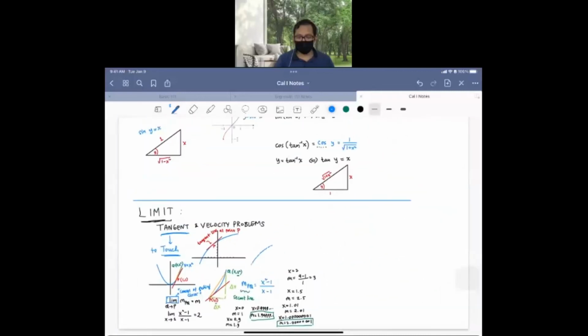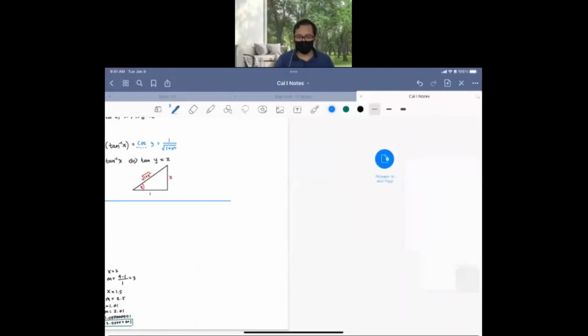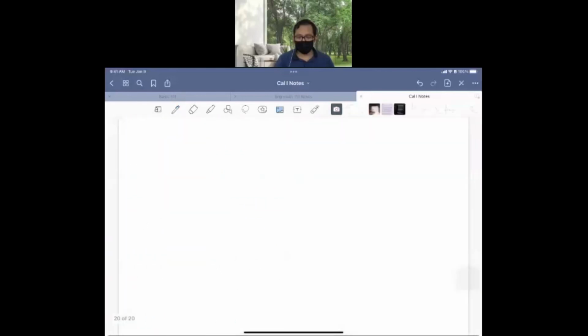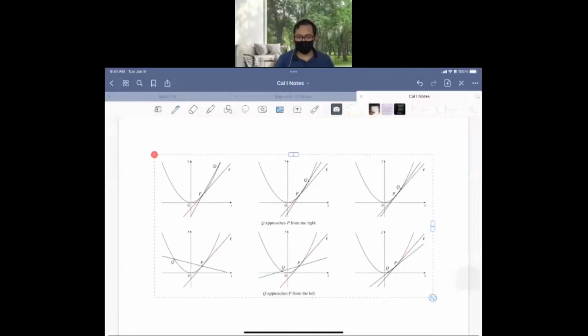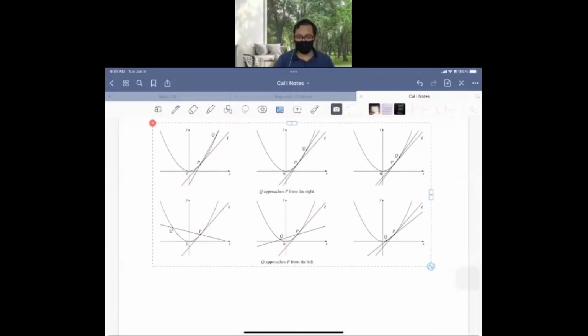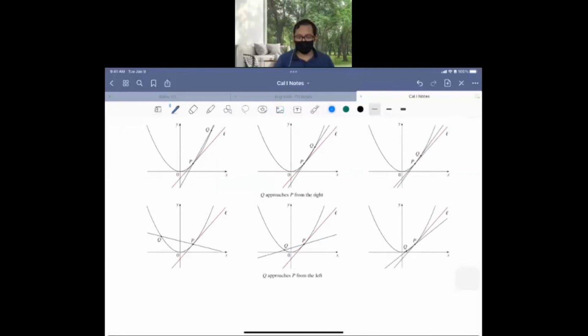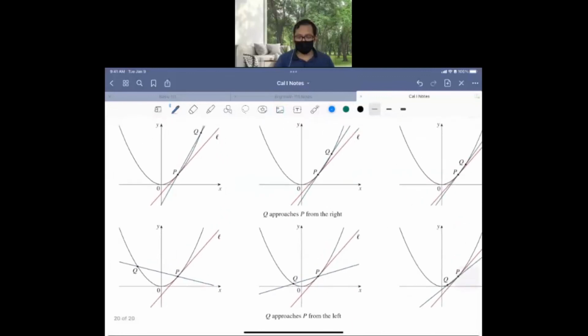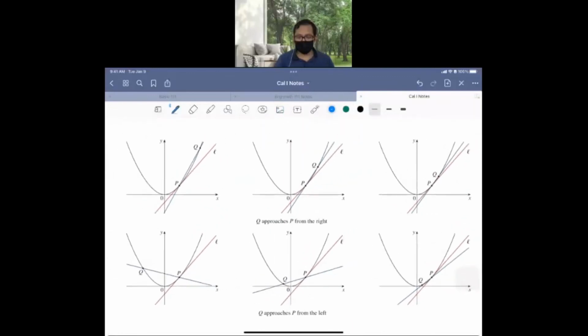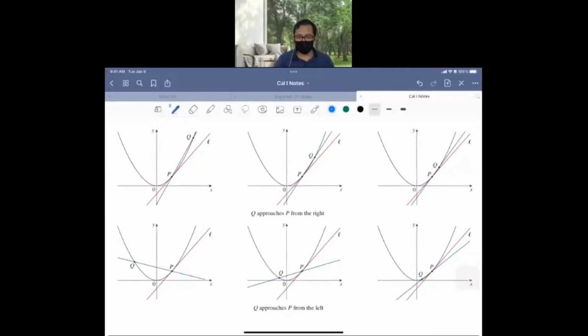Okay, let me just give you the visuals. What we have here. Let me just take the picture. Okay, now what we did is precisely these two methods. The first is we have point P that we want to get close to, and we have the Q that we are going to move.